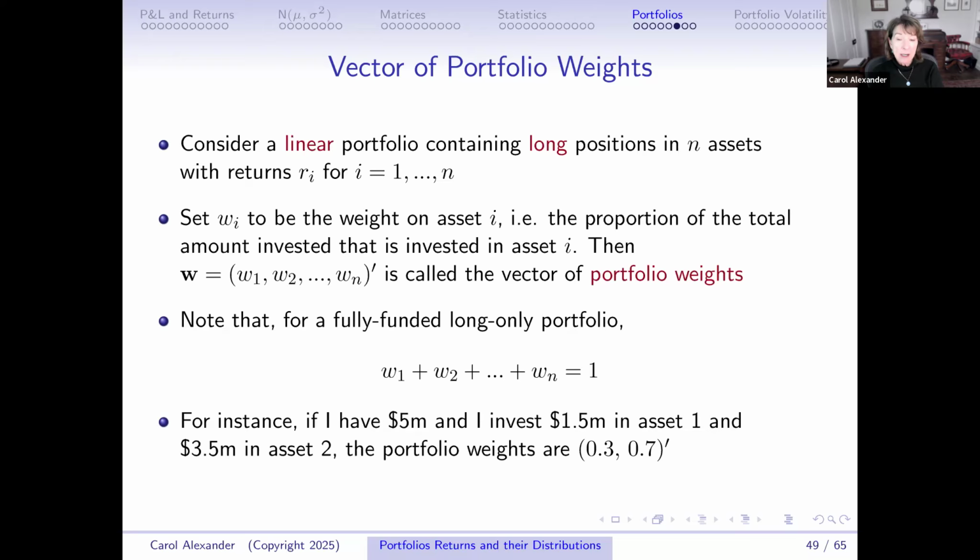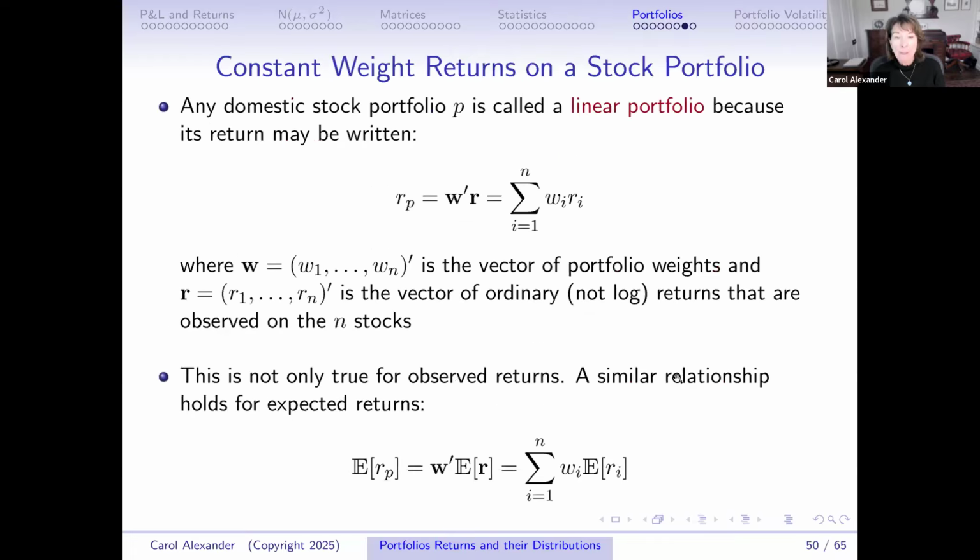So let's make the weights vector W1, W2, W3, etc. For a fully funded long-only portfolio, where you're not borrowing anything, then the sum of the weights is 1. So if I've got 5 million and I invest 1.5 in asset 1 and 3.5 in asset 2, portfolio weights are 1.5 over 5, which is 0.3, and 3.5 over 5, which is 0.7. I'm sure you understand that's simple.